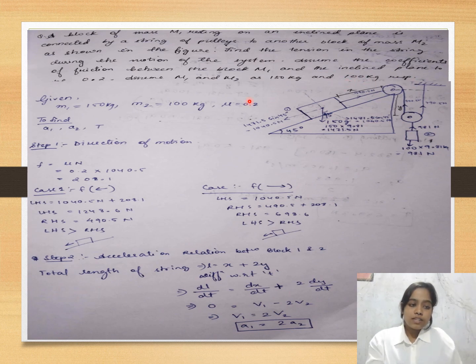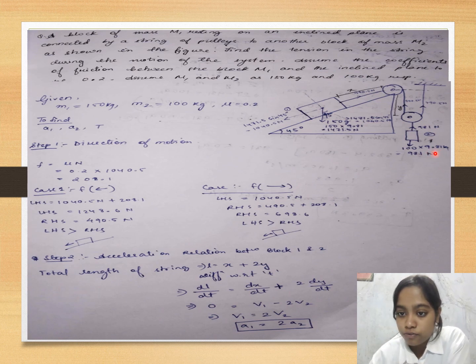Here it is given that M1 equals 150 kg, M2 equals 100 kg, and the coefficient of friction mu equals 0.2. As it is connected by a string, for M2 whose mass is 100, we can take the weight as m into g, that is 100 into 9.81, the gravitational force, so 981 Newton, which is the weight.